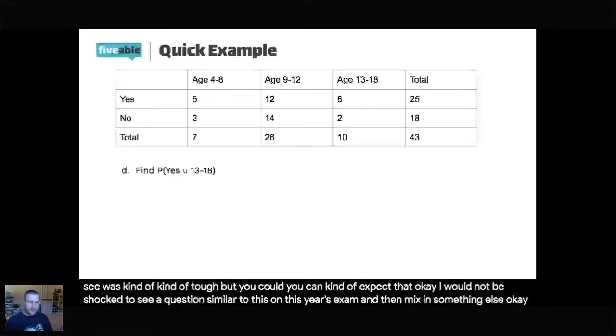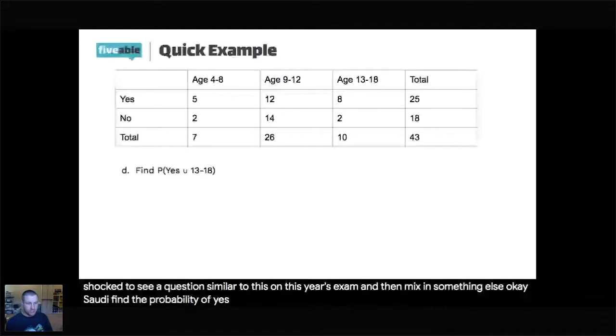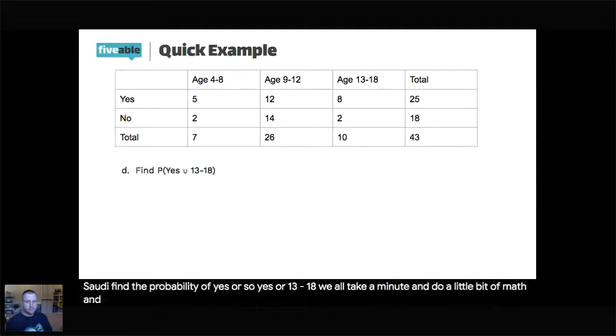So D, find the probability of yes with the union, or you could change that to or. So yes or 13 to 18. So y'all take a minute and do a little bit of math and give me an answer on that one.